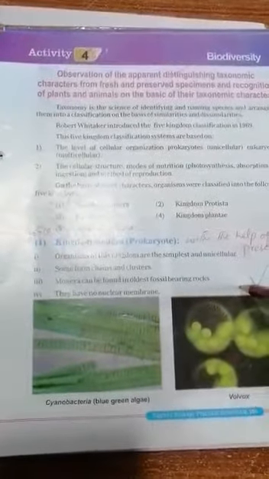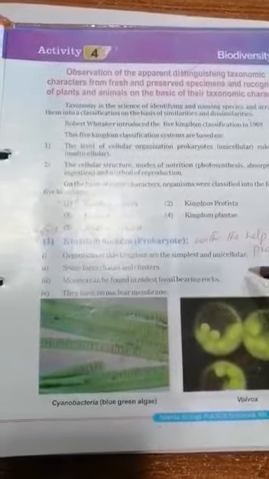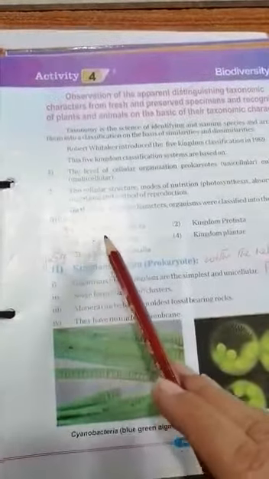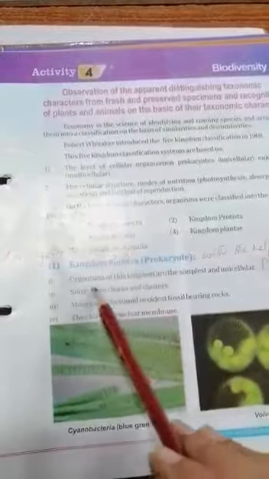In the same way, this practical is very important because all these 5 kingdoms you study in your textbook as well. So you must do this practical, okay. And in this practical, you are going to write down the name of the activity, that is Kingdom Monera, and in front of Kingdom Monera you are going to draw these 2 diagrams.